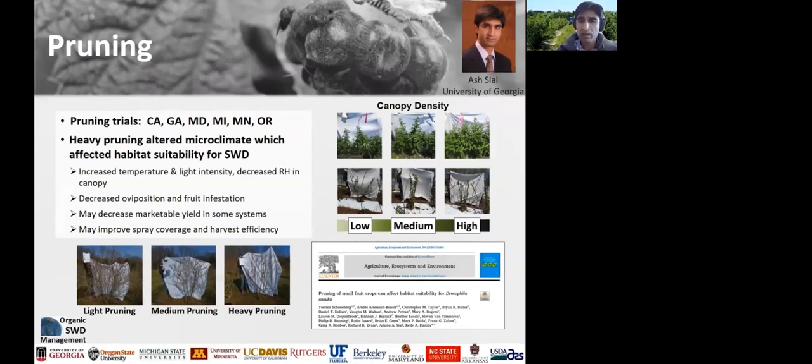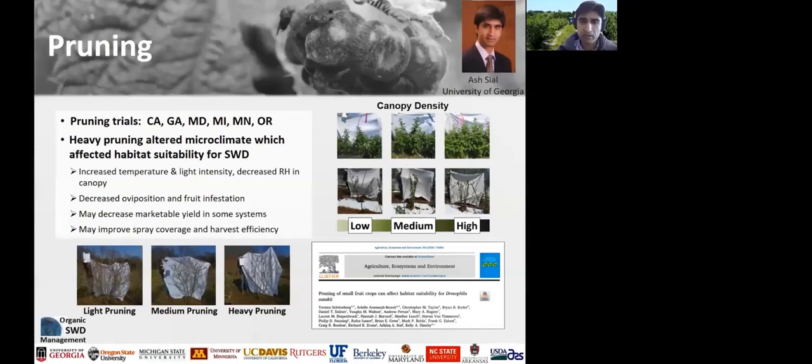Studies in multiple states have shown that this may be an effective way to actually lower the population of SWD flies in some situations. In addition to direct impact on SWD, it improves spray coverage as well as harvest efficiency, which also is good for overall production at the farm.